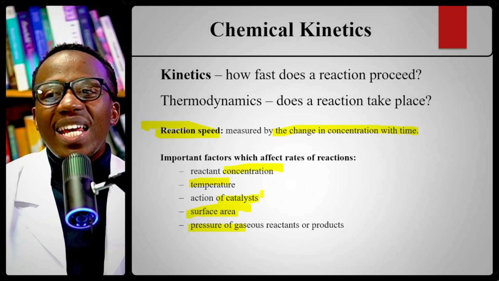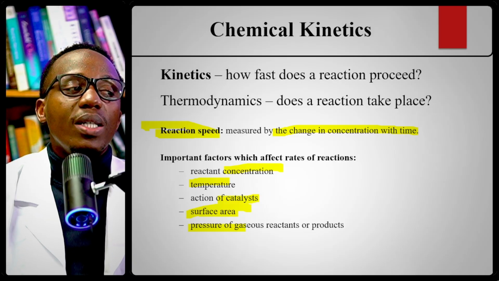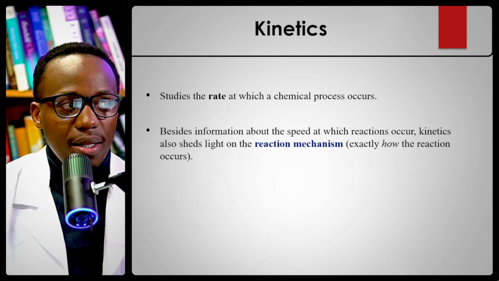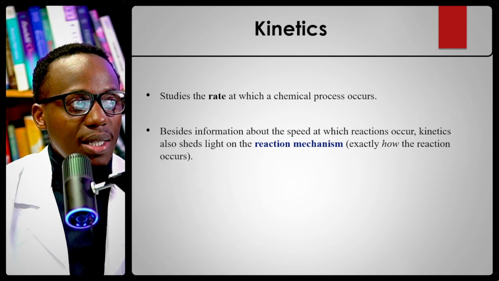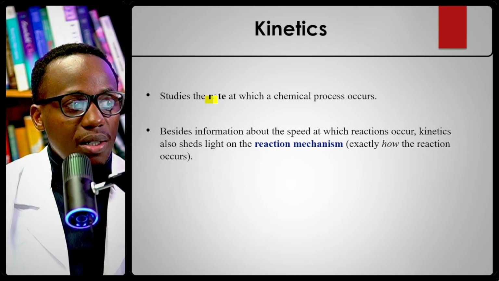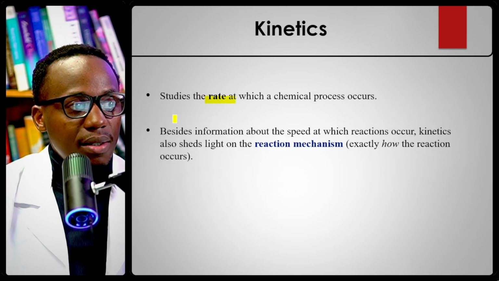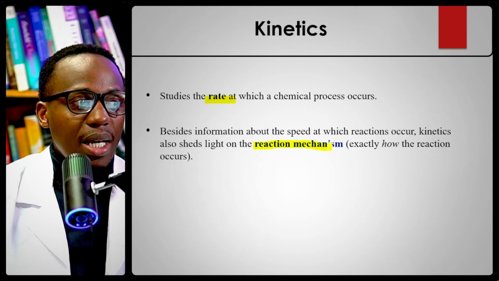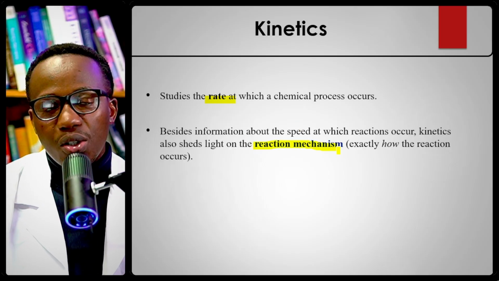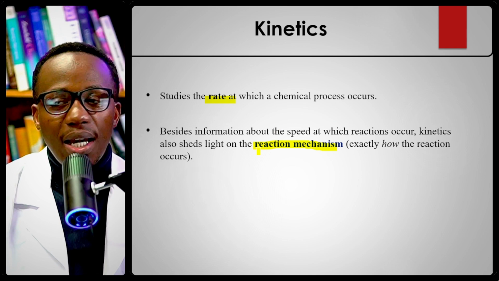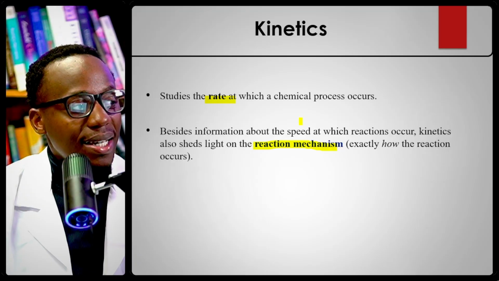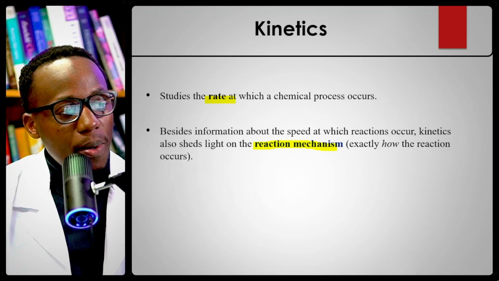These are things that can increase the rate or the speed of the reaction. So kinetics is going to study the rate or speed of reaction, and also we can get into something that we call the reaction mechanism, or how the reaction occurs. This is one of the things that kinetics gives us.